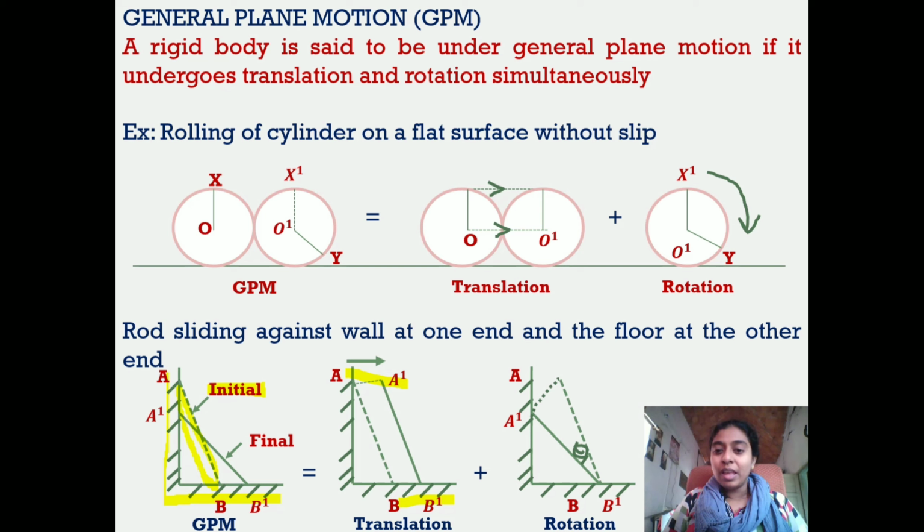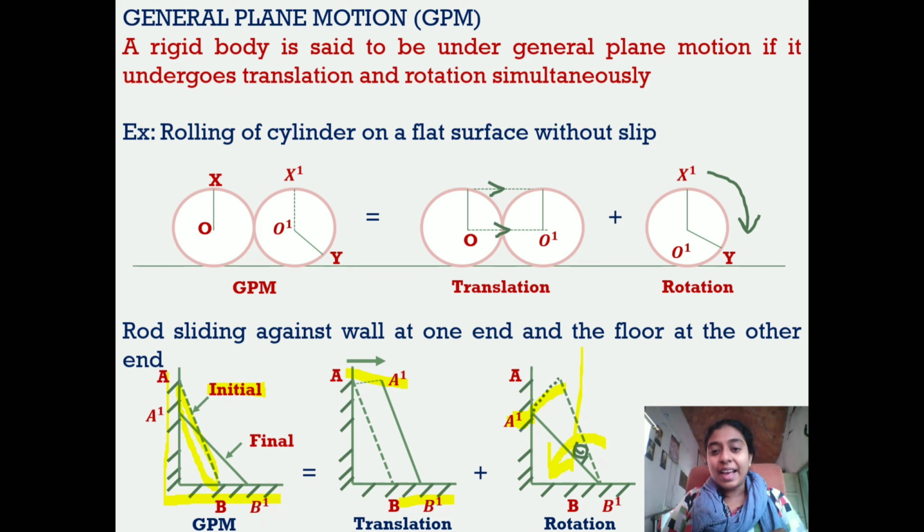Now at B, when you are giving a rotational motion in an anti-clockwise direction, theta, this position will be moved to this position A dash.